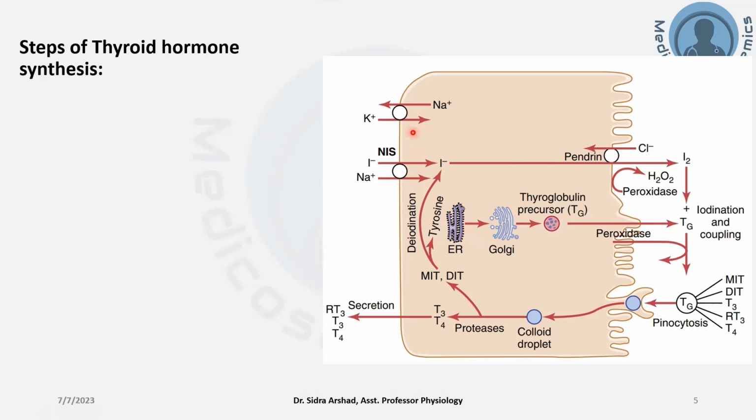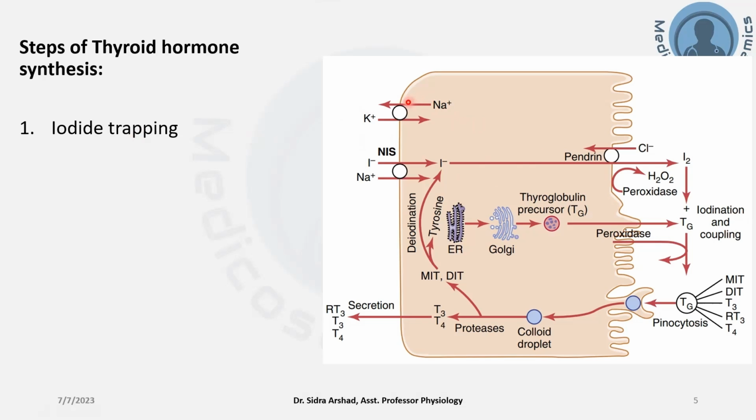You have to see the number which follows the sequence. So the first step is iodide trapping. We have the iodide in the blood, obtained from the food sources. Now we have to trap this iodide into the cell for the synthesis of thyroid hormone. So this is the very first step. How is it going to take place?